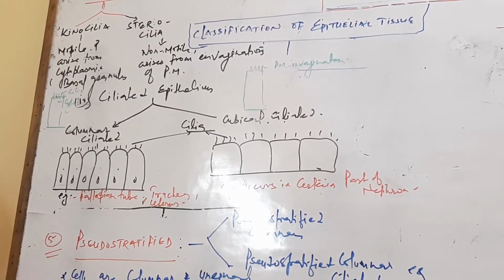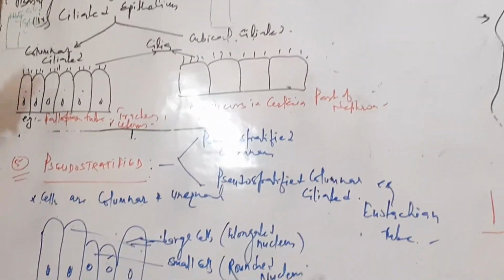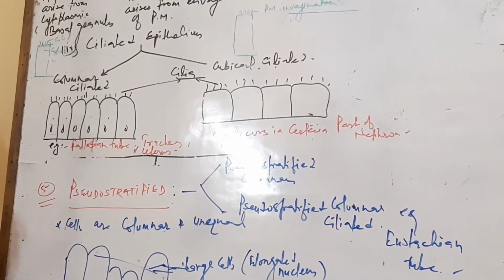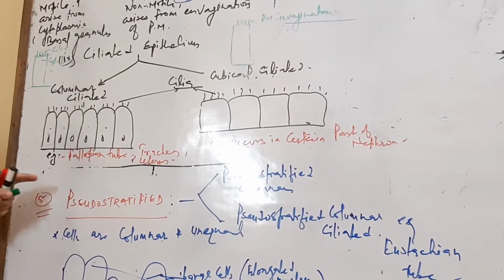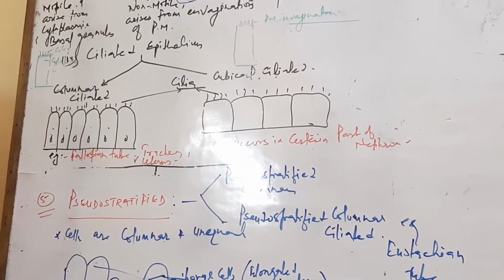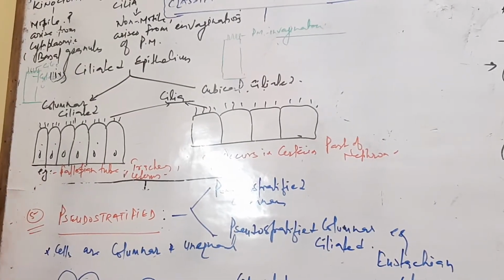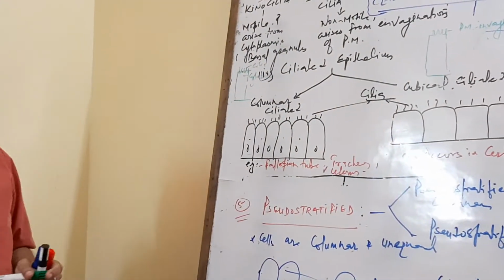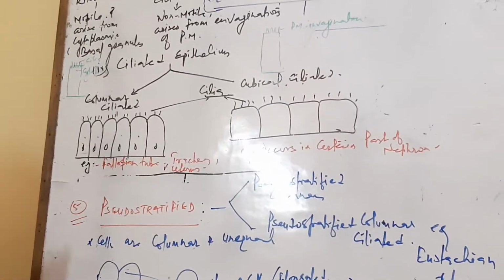This is the non-motile cilia. On the basis of cilia there are two types of ciliated epithelium, columnar ciliated and cuboidal ciliated. Columnar ciliated is present in the fallopian tube, trachea, and uterus lining, and cuboidal ciliated epithelium is present in various parts of the nephron. This is all about ciliated epithelium.